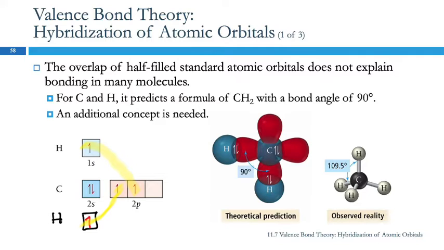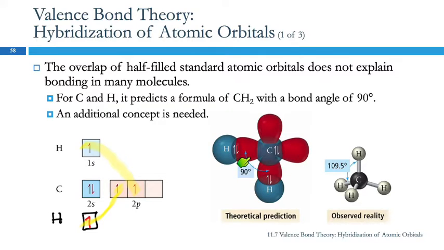Well, what we find is that when carbon bonds with hydrogen, it actually bonds with 4 hydrogens, and it does make a tetrahedron. Okay. Remember, the p orbitals are at 90-degree angles to each other. They're perpendicular, like the x, y, and z axes, or coordinates.